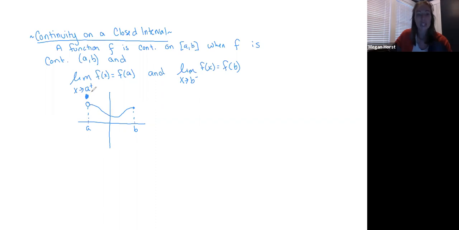We can't just say the limit as x approaches a because there's nothing on the left to analyze. And so we have to say just from the right so that we have something to analyze. And again, when we're coming from the right, we're looking at all the values as I approach from the right. So for this to be true, we would have to take that point and make sure that it is this filled in hole right here, so that from A to B, every single point on there is continuous.